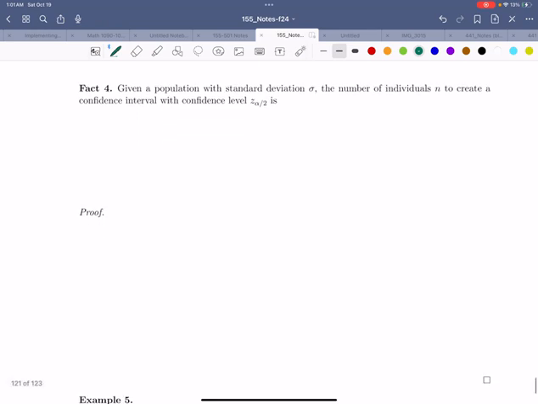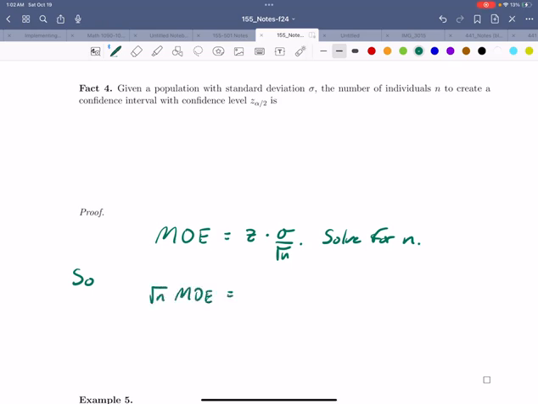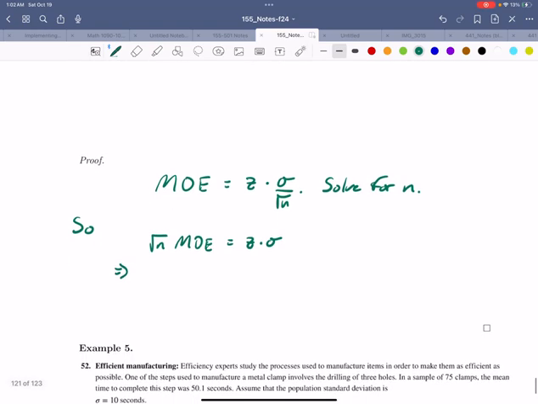Let me show you how we get it, and then I'll write the formula down. We know that the margin of error equals our z-score times sigma over root n. Let's get rid of the alpha over 2, I don't want to confuse anyone. So if we solve for n, I'm going to multiply both sides by the square root of n, and then divide both sides by the margin of error.